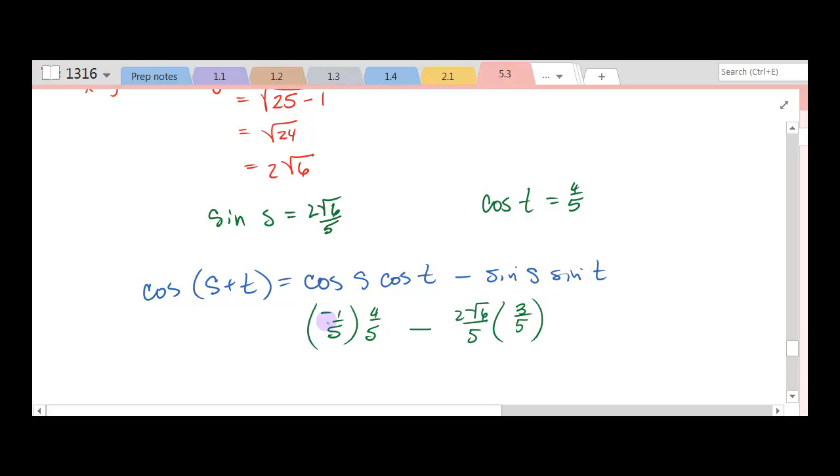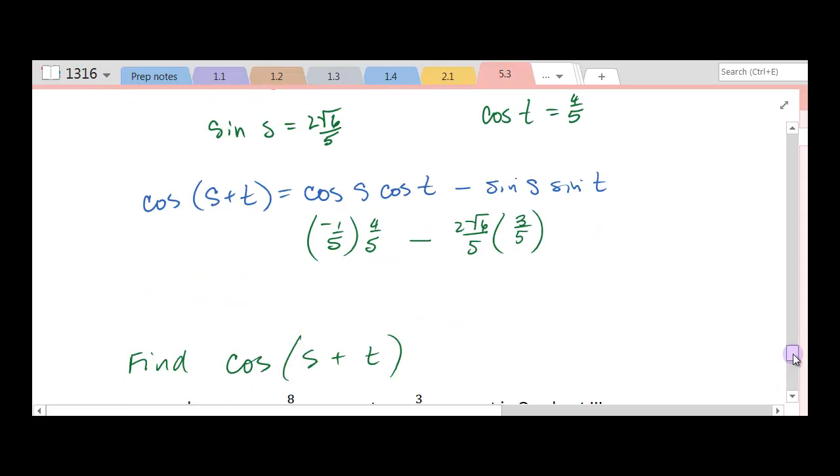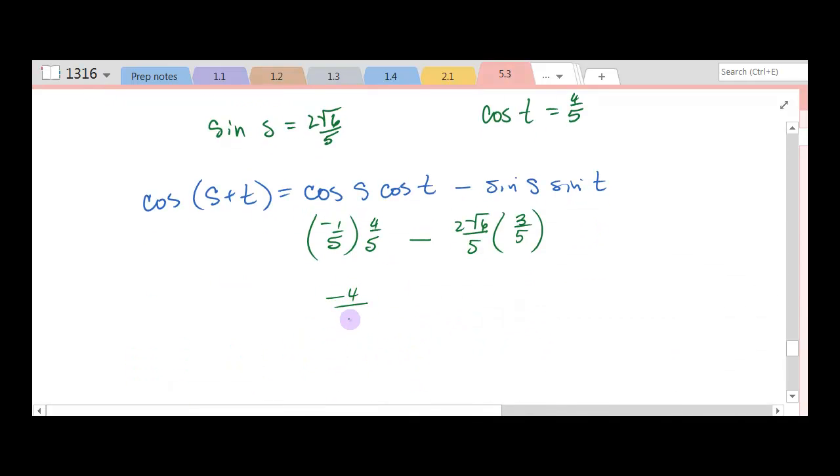So let's just multiply. Remember, when we multiply fractions, we multiply numerator to numerator, denominator to denominator. So this looks like -4 over 25. And then over here, we have 2 square roots of 6 times 3, which would be 6 square roots of 6 over 25.